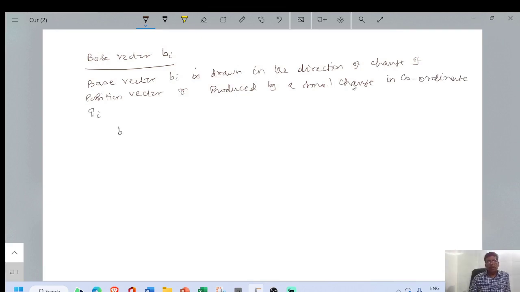So here Bi equal to dou r divided by dou qi. Here i equal to 1, 2, 3.